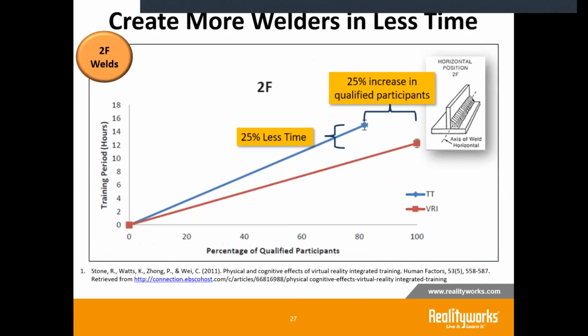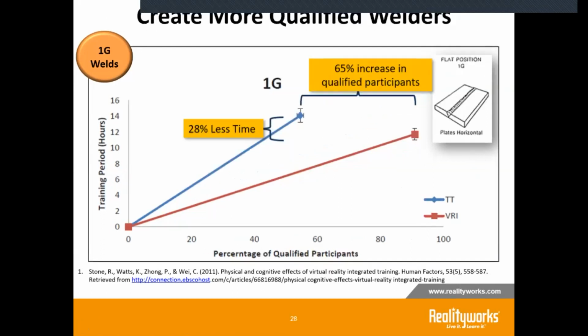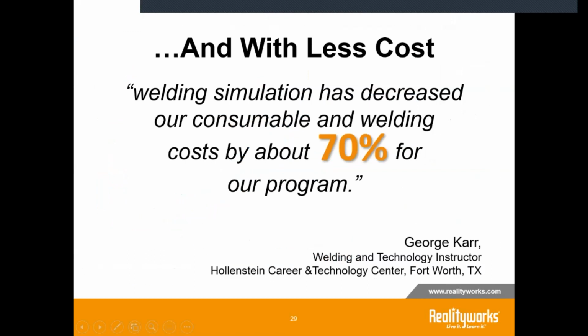In this case, it shows that you can create more welders in less time, both in a T-joint and in a butt joint position, allowing you to help your students gain confidence, gain understanding, and do better welds by including virtual reality welding simulation. It also shows that we can have more welds with less cost, allowing you to use your savings for other types of programs, other things that you might need in your welding shop.